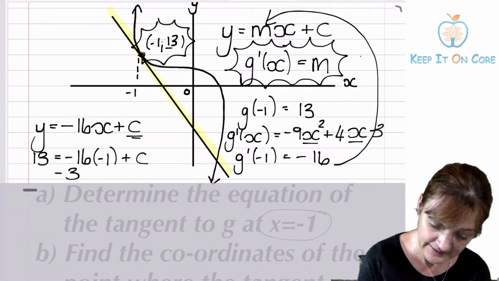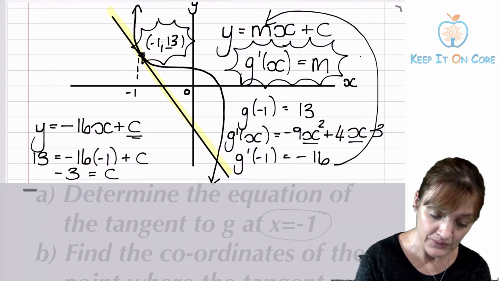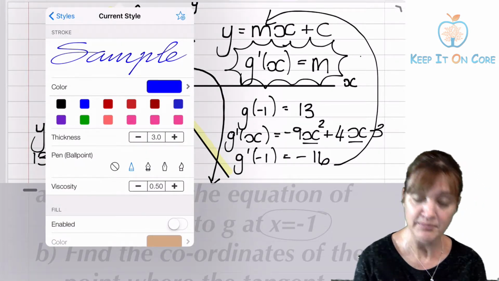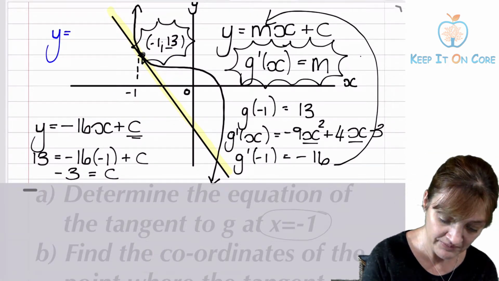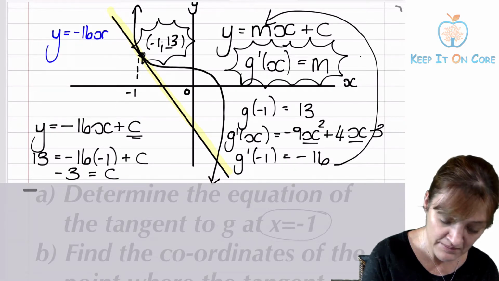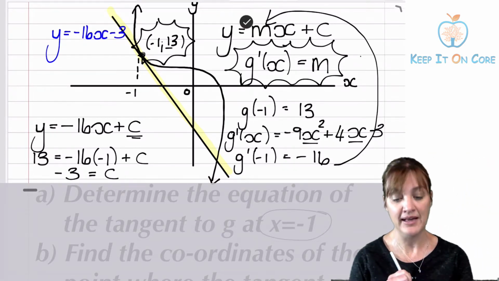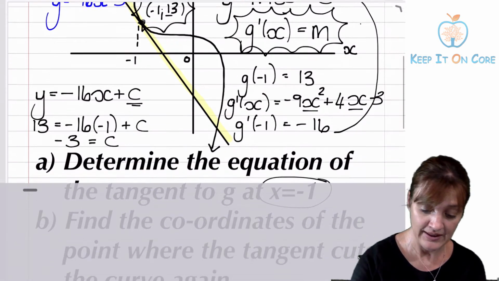And we land up with negative 3 as the value for c. I haven't shown all that working out, but I would like you to go ahead and do all of that so that you are with me. And it's negative 16x minus 3. That's the equation of the tangent that they were looking for.